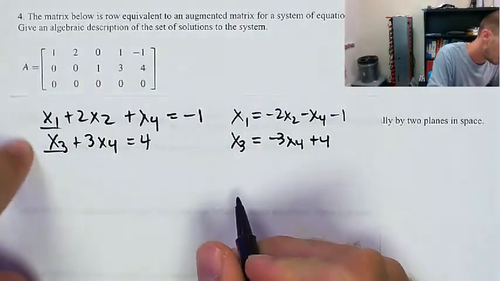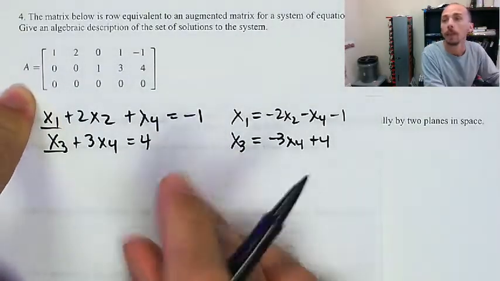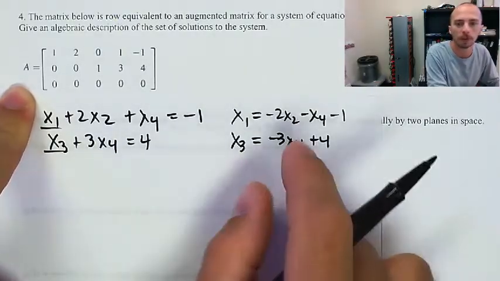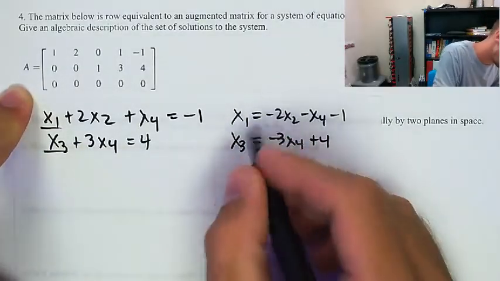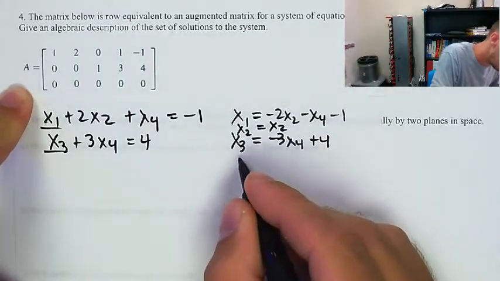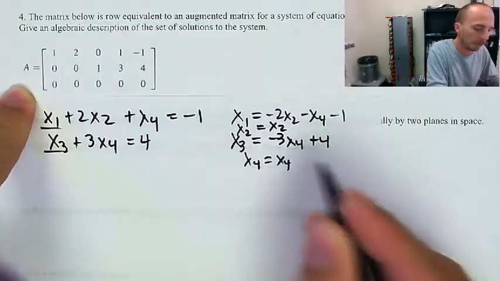Then, oh yeah, this is going to end up being a plane in 4 space because there's 2 free variables. So you could list it out as x1 is this, x2 is unconstrained, it's going to be whatever it's going to be, x3 is this, and x4 is also unconstrained.